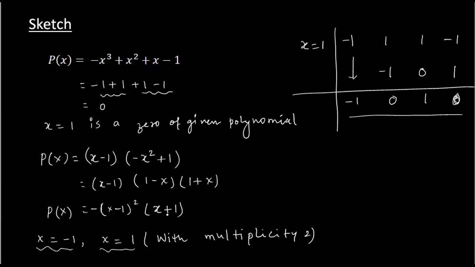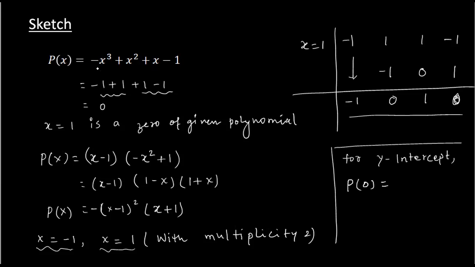Now we find something called the y-intercept. For the y-intercept, we simply put x equal to 0 in the given polynomial. So we get p(0) equals, all these terms become 0 and we get -1.